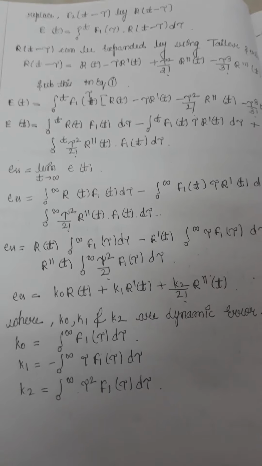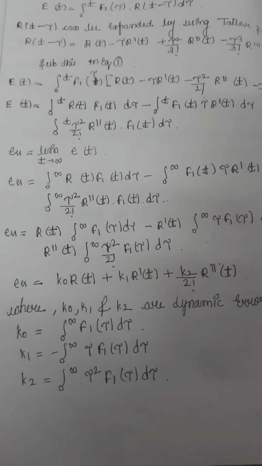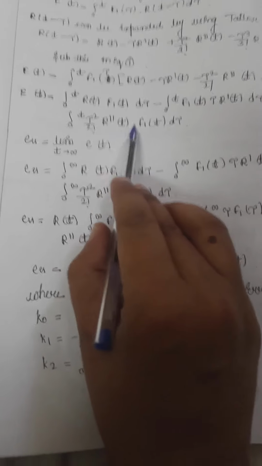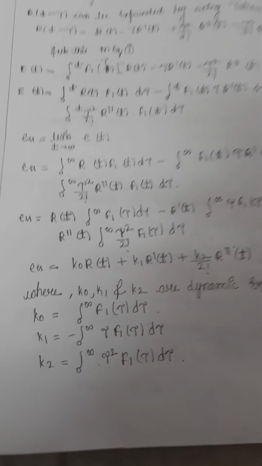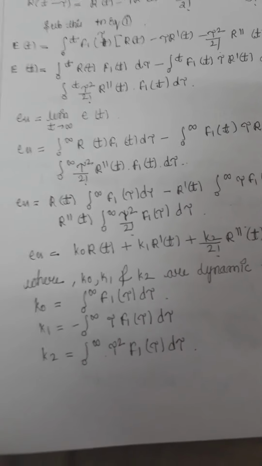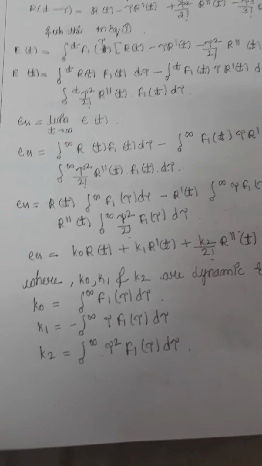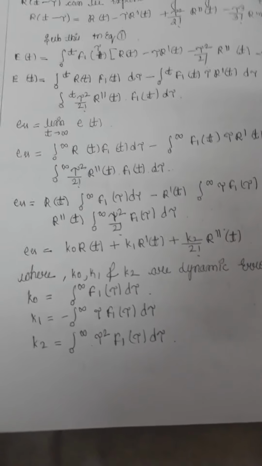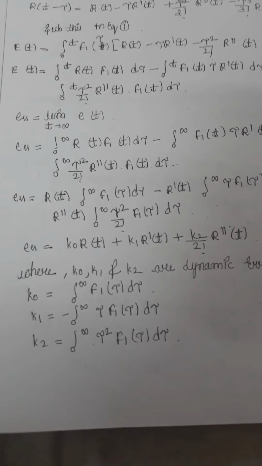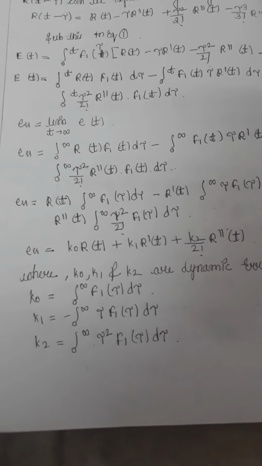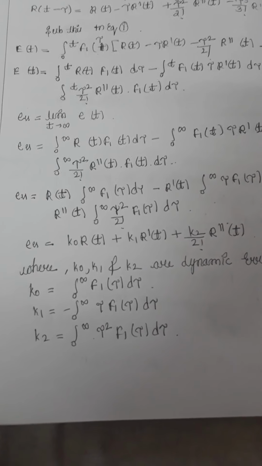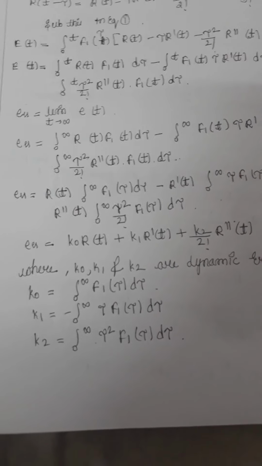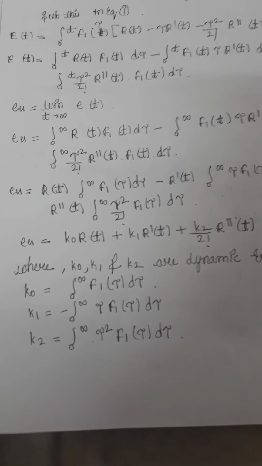Expanding this and multiplying, you will get the expression for e(t). Then, as you know, the next step is e_ss = limit t tends to infinity of e(t). Already you know the expression for e(t), so substitute e(t) and apply the limit, and you will get this expression.